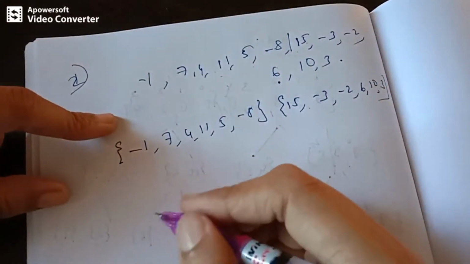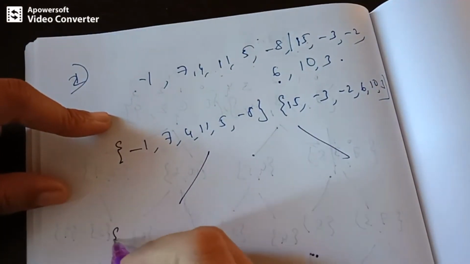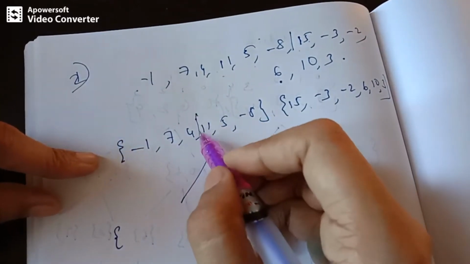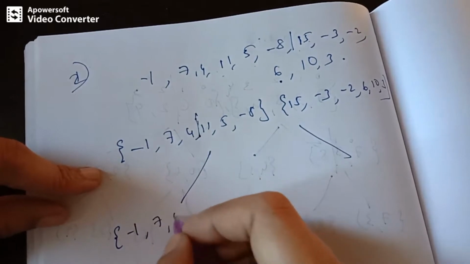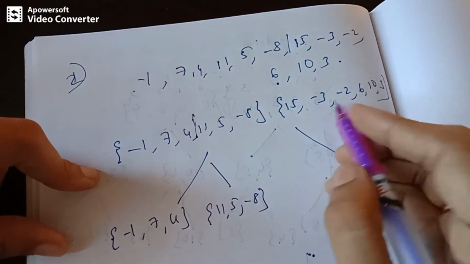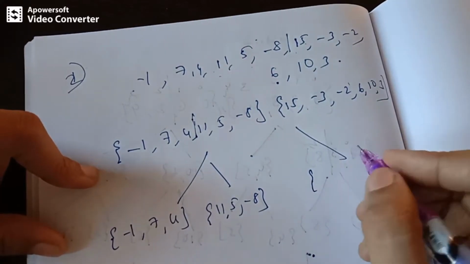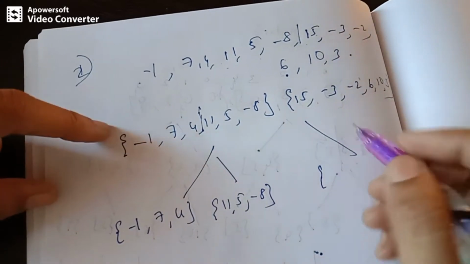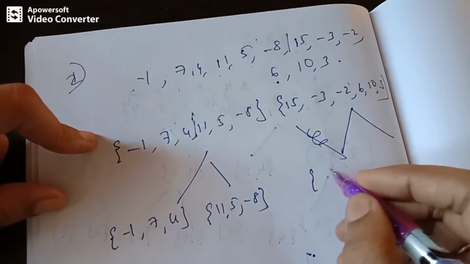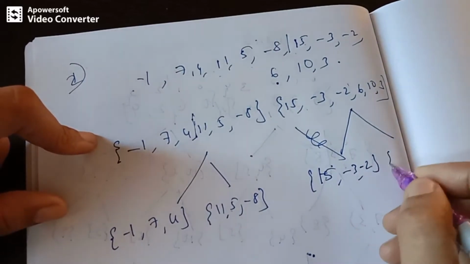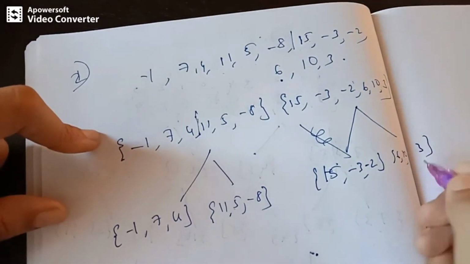Next I am going to divide them recursively in exactly the middle of each list. So in this list we will be getting once again 15, minus 3, minus 2, and in the other list 6, 3, 10.